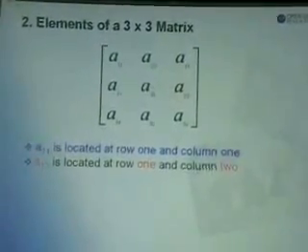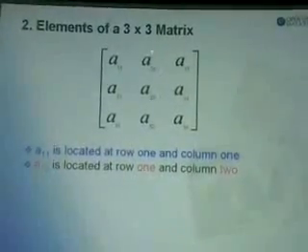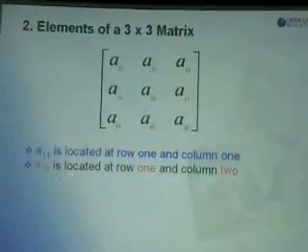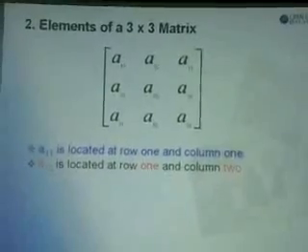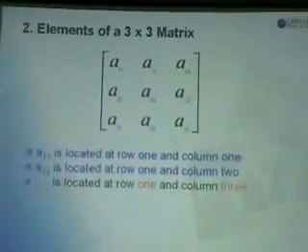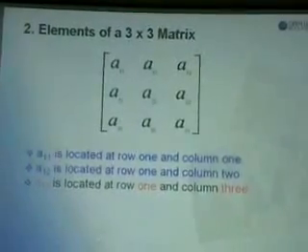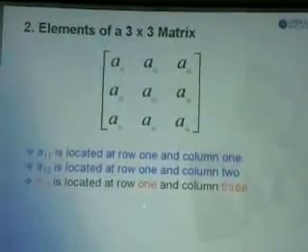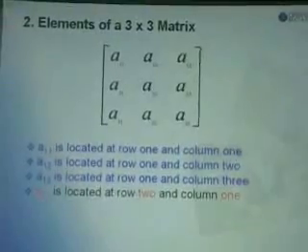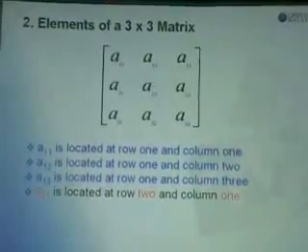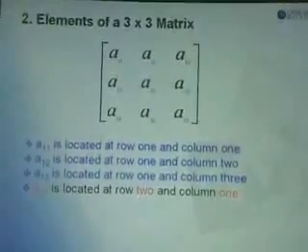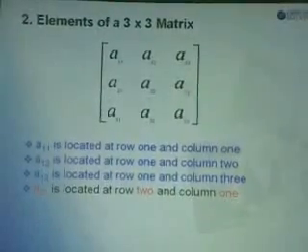Next, for A12, which is here, A12 is located at row 1 and column 2. So next we have A13, which is located at row 1 and column 3. The same goes for A21, located at row 2 and column 1.